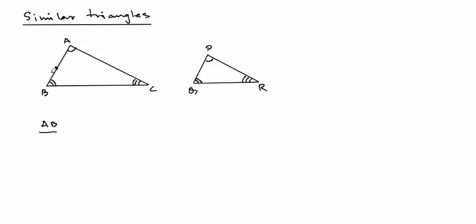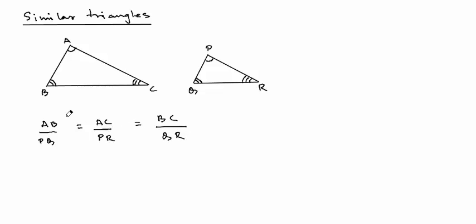So the corresponding side for AB is PQ on the other triangle. So if you do AB over PQ, find this ratio, this fraction, that will be the same as the length of AC over its corresponding side, which is PR. So this is going to be AC over PR, and that is going to be equal to, you guessed it right, BC over QR.